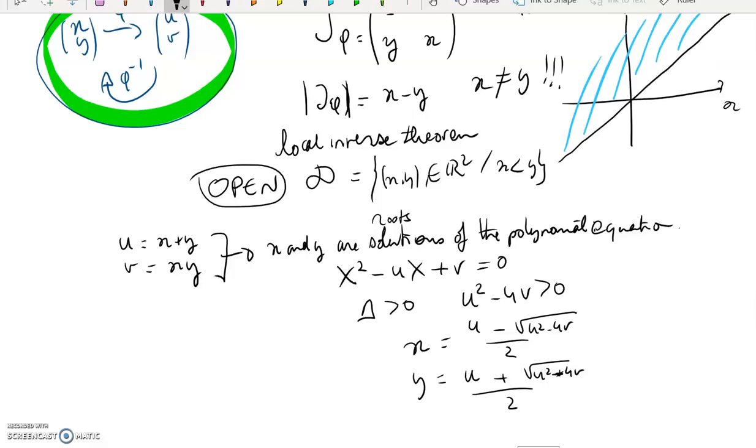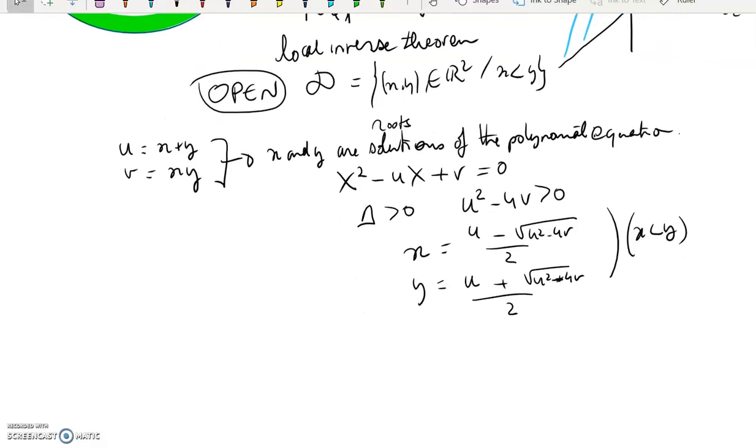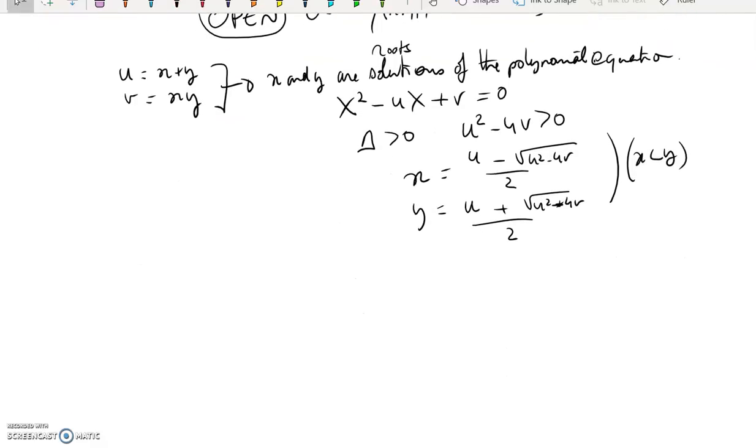You see, we needed to decide whether we wanted x smaller than y or y smaller than x, because I could absolutely exchange the values of x and y. But the problem is that in the plane, if x is the first one and y the second one, or the contrary, it gives you two different geometric locations.